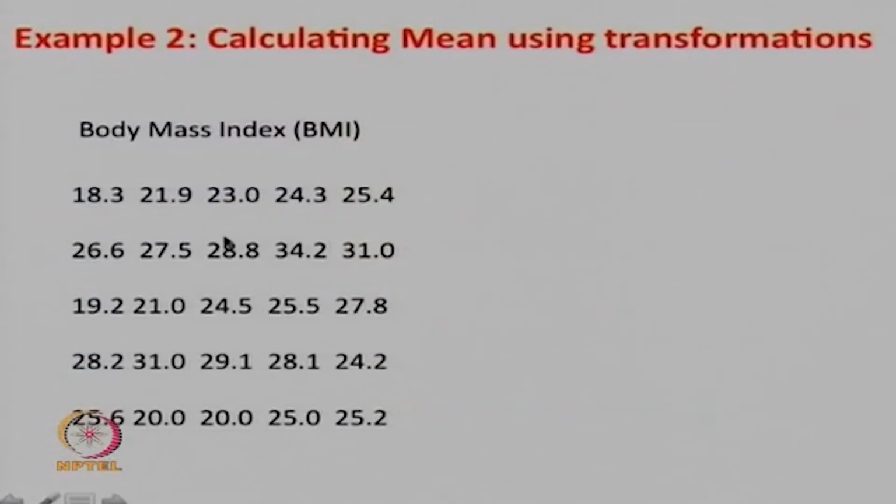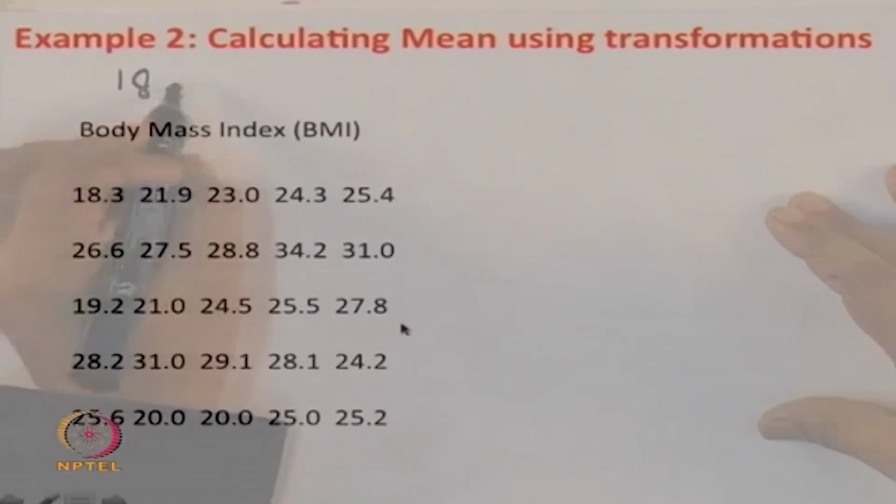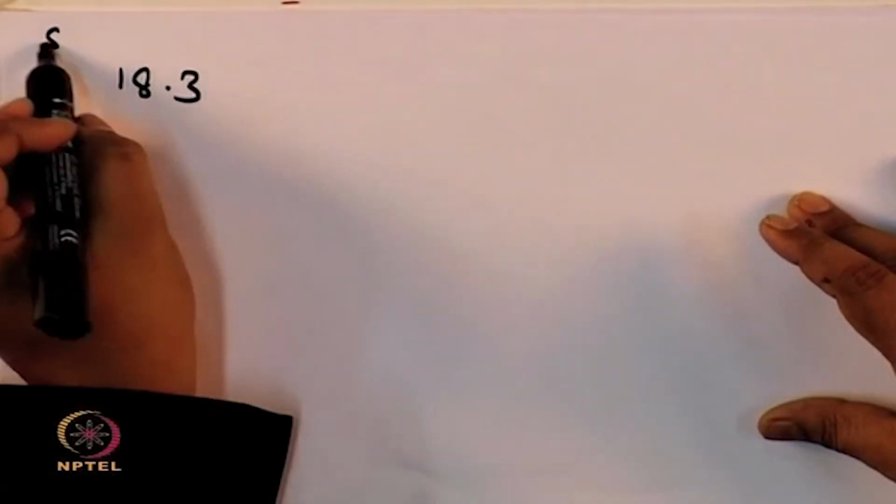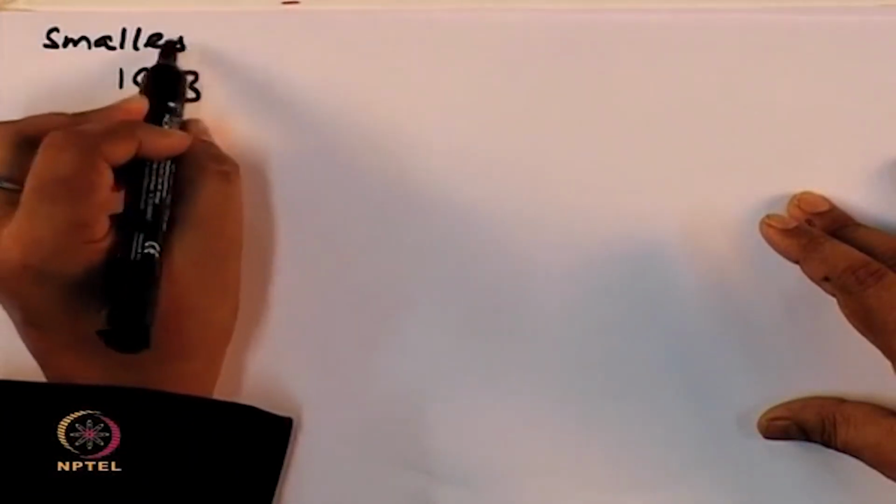So, let us just take one more example, which is the next example. Okay. So, again you see that you have this entire range of numbers, these are body mass indices. If I look through the screen, the smallest number I have is probably 18.3. So, this is my smallest.